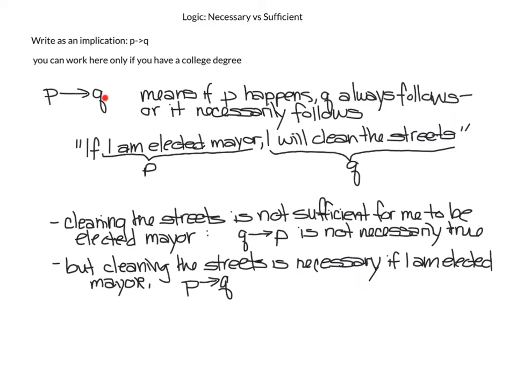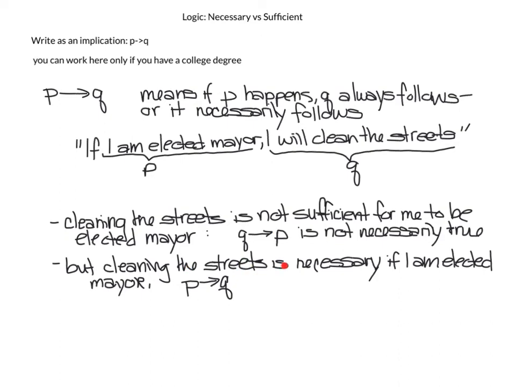P implies Q. The statement, if I am elected mayor, I will clean the streets, in which case this is P implies Q. If I'm elected mayor, then this is what will happen. So the thing you want to know is cleaning the streets is not sufficient for me to be elected mayor. In other words, it's not Q implies P. It's not if I clean the streets, I will be elected mayor.